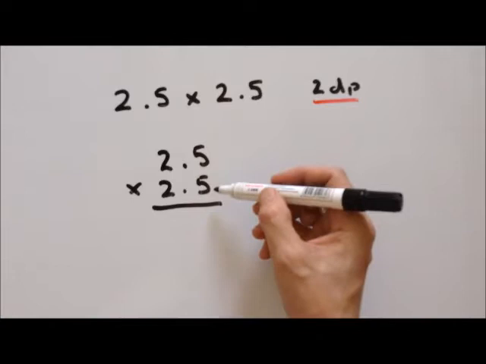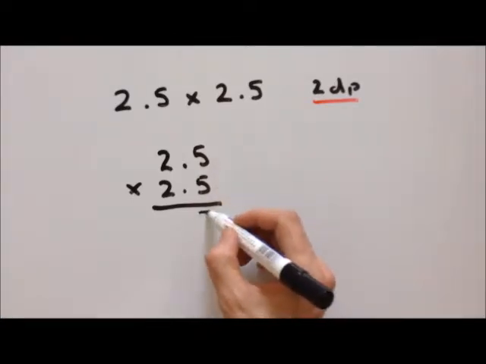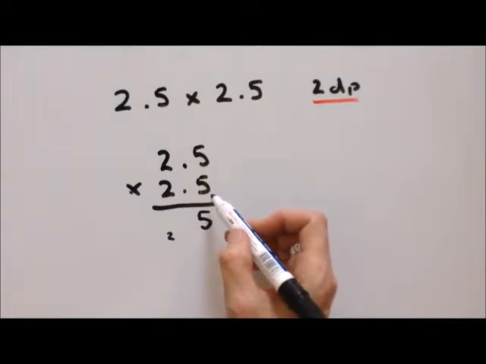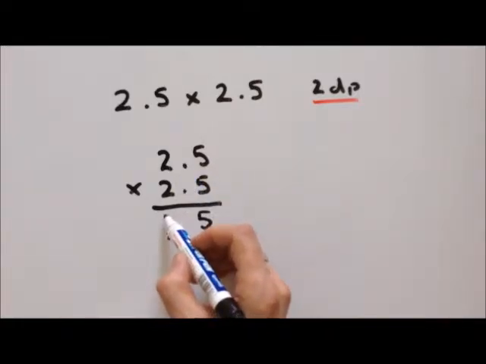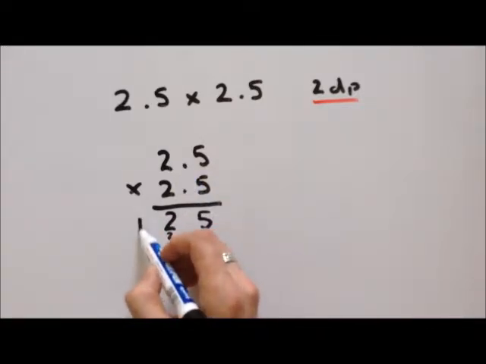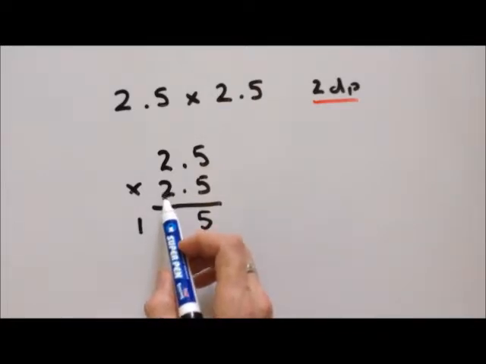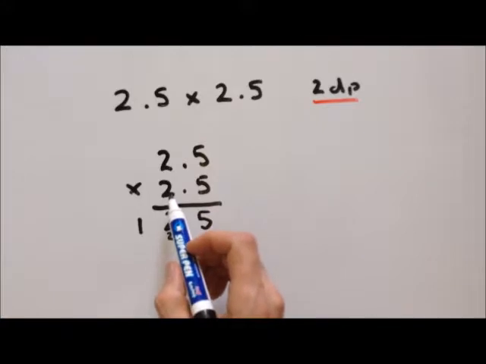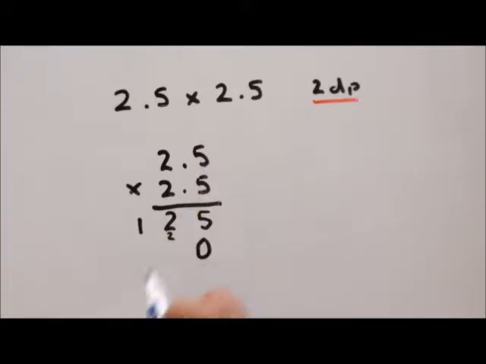5 times 5 is 25. 2 times 5 is 10, add this 2, you get 12. Now we add a 0 here because this column is a multiple of 10. 2 times 5 is 10, carry the 1, and 2 times 2 is 4, plus the 1 there is 5.